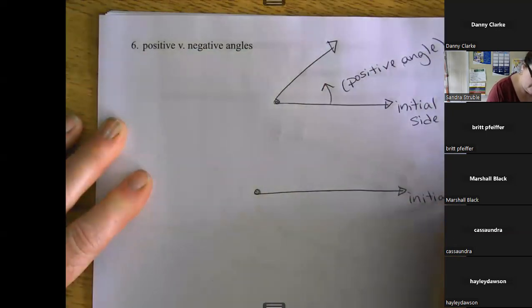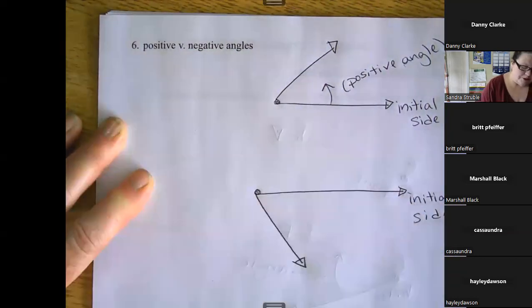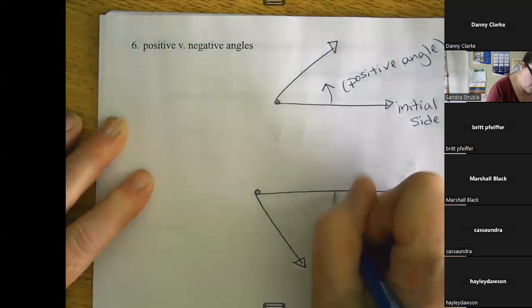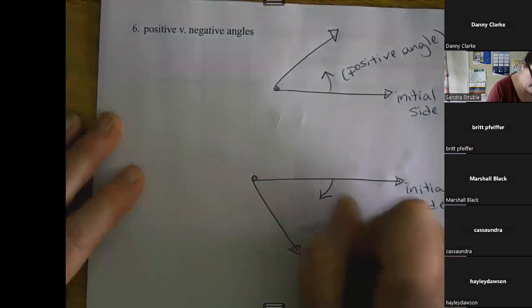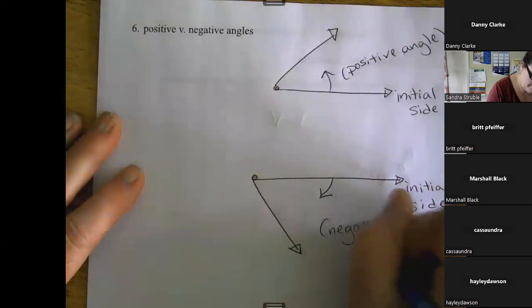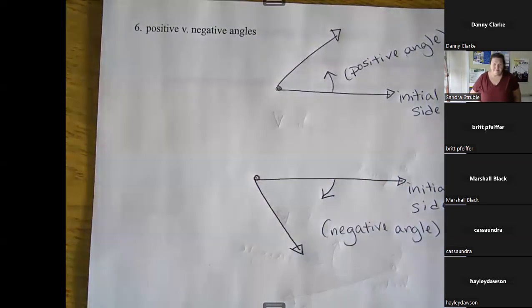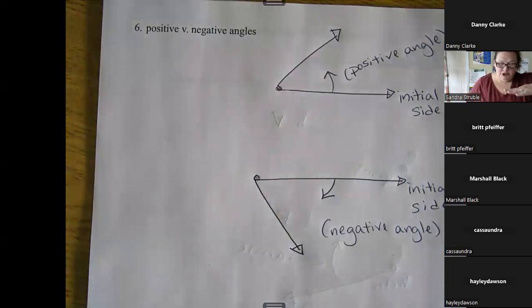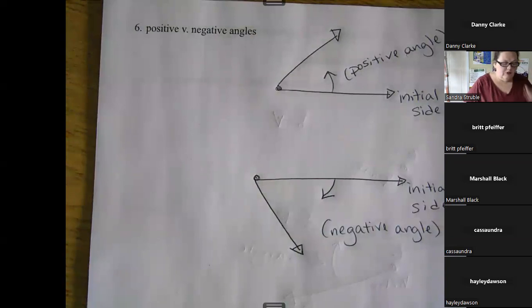Same thing, initial side. If for our terminal side you can go clockwise to get to it, that is going to be a negative angle. So if we're measuring counterclockwise from the initial side, we get a positive angle. If we're going the other direction, starting with the initial side as we always have to do, and going clockwise, it will be a negative angle.